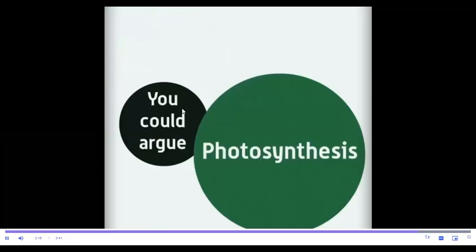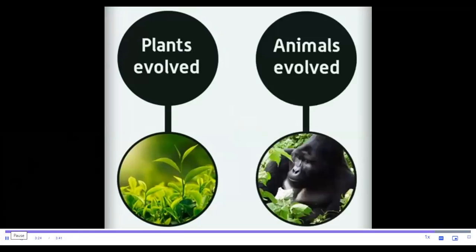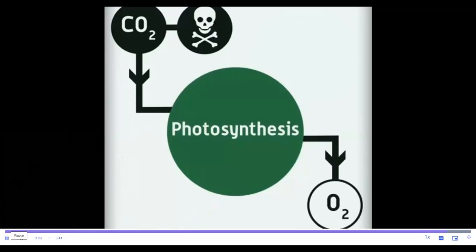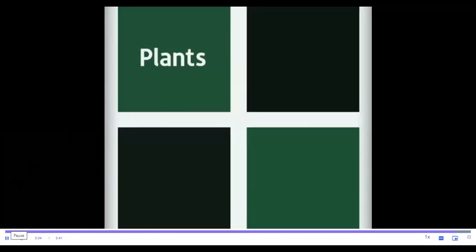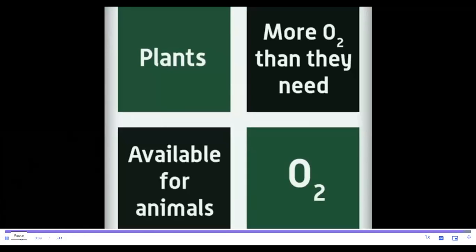You could argue that photosynthesis is the most important reaction on Earth. It wasn't until plants evolved and started photosynthesizing that animals could evolve. Photosynthesis converts carbon dioxide, which is toxic to animals, into oxygen, a gas vital for respiration. Plants make far more oxygen than they need, so oxygen becomes available for animal life forms.